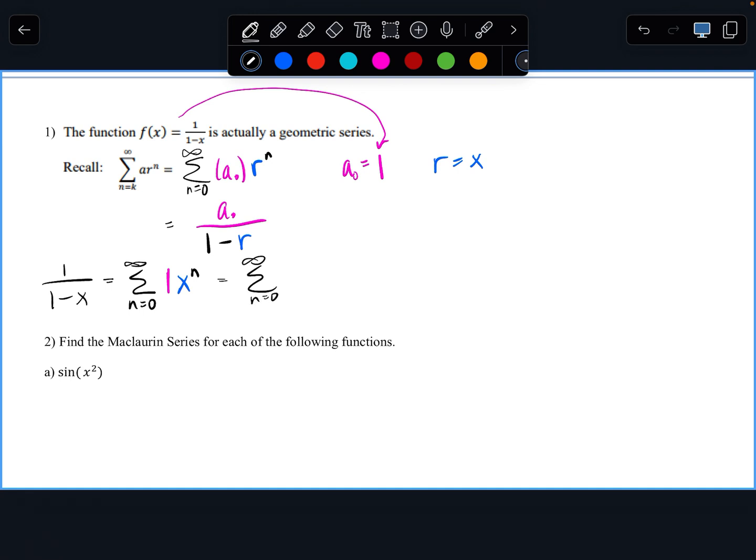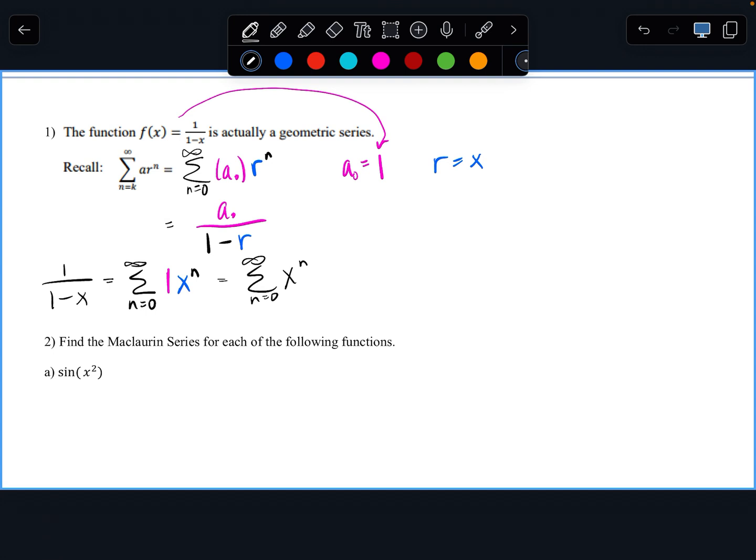It's kind of fun. You can see it in the problem: 1 is on the numerator, that being your first term, and then it's 1 minus r, like your formula for geometric series. So you could come up with this one pretty fast without taking derivatives, just by seeing that it looks like a geometric series sum.